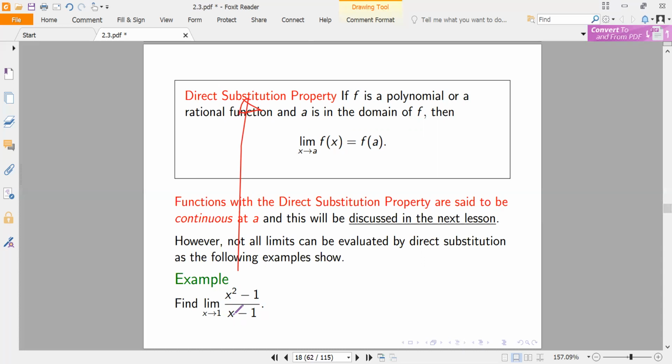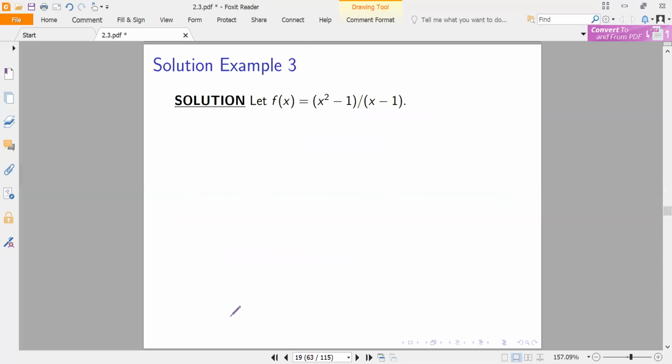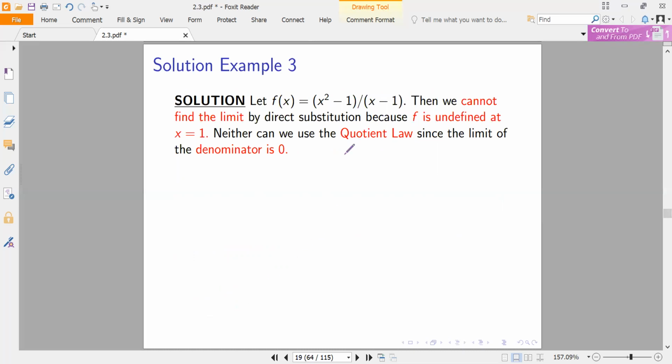If you substitute 1 here, you're going to have over 0, and over 0 is undefined. So we cannot use direct substitution here. It will fail.